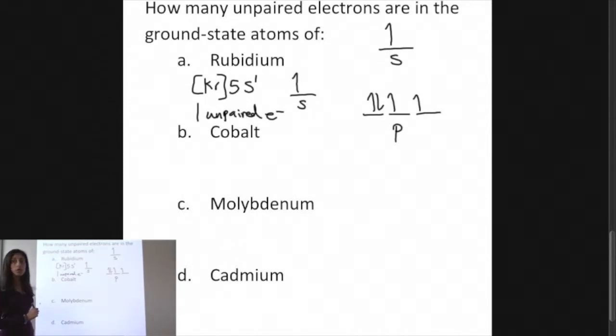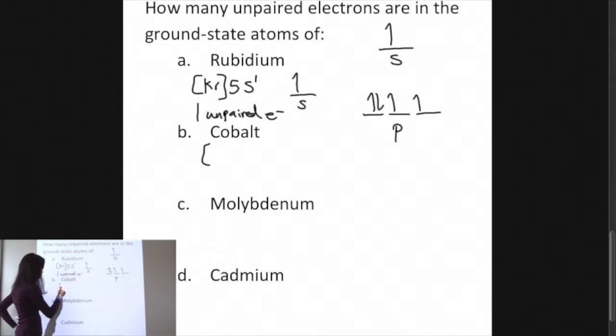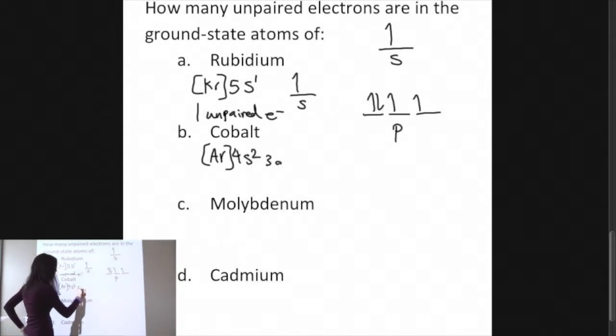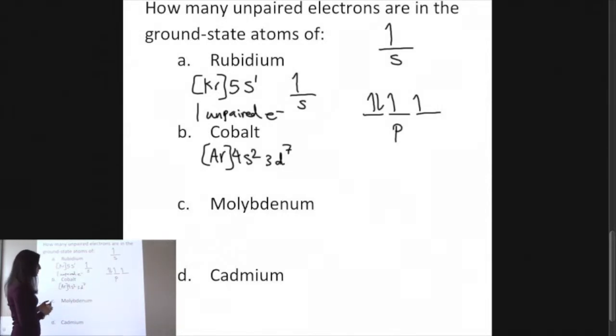Next one is cobalt. So the noble gas configuration is going to be argon, and then we have 4s2, 3d7.